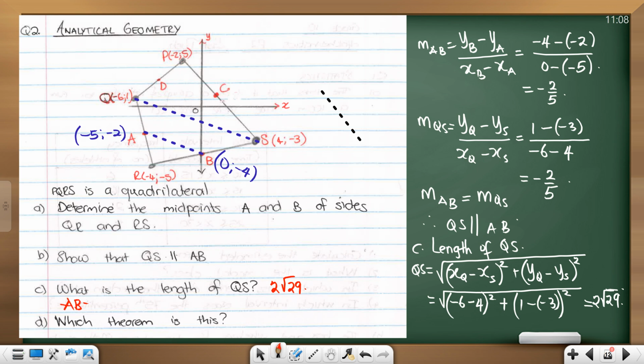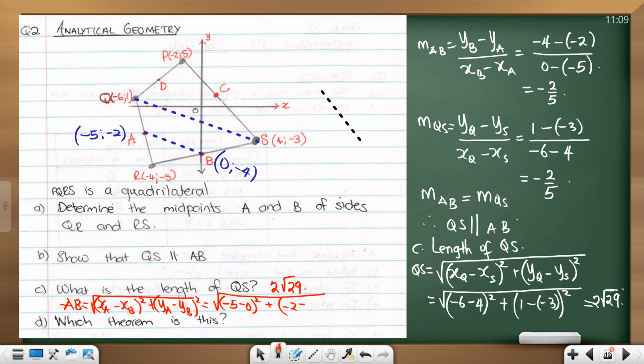AB is the square root of XA minus XB all squared plus YA minus YB squared. And if I substitute, what is the X value of A? 5 minus, what is the X value of B? 0, plus, what is the Y value of A? -2.